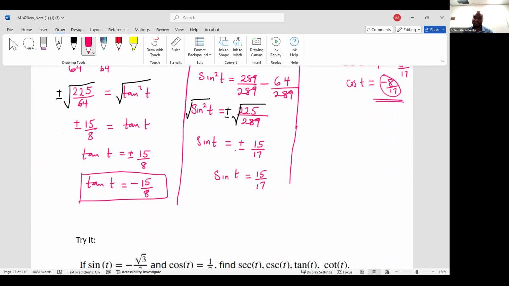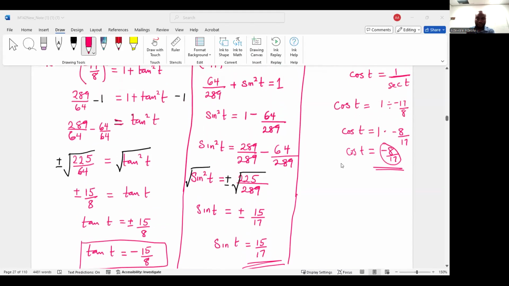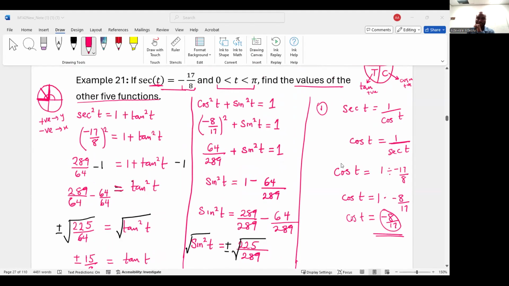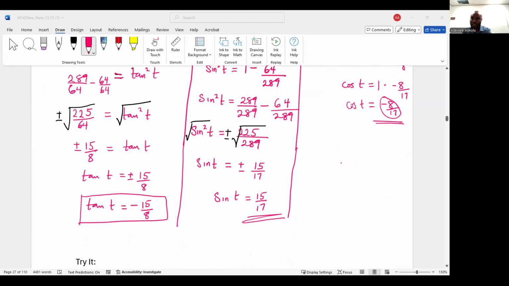So we find sine of T. We now know sine of T, cosine of T, tangent of T, secant of T. Okay, so finally I need to find cosecant or cotangent.